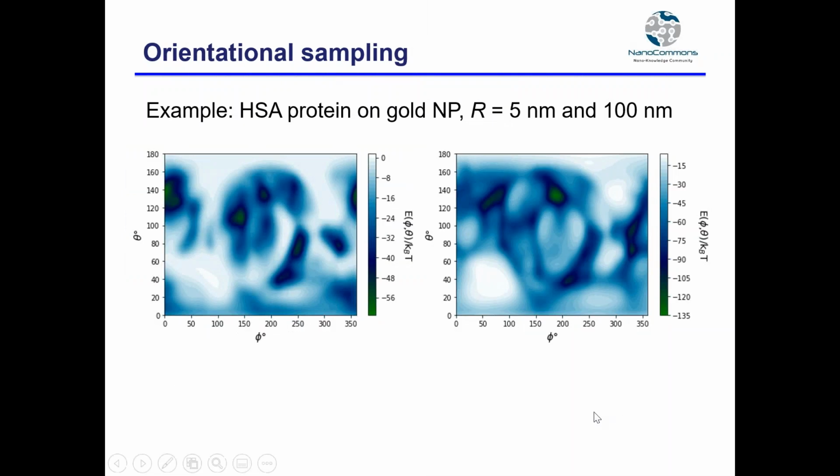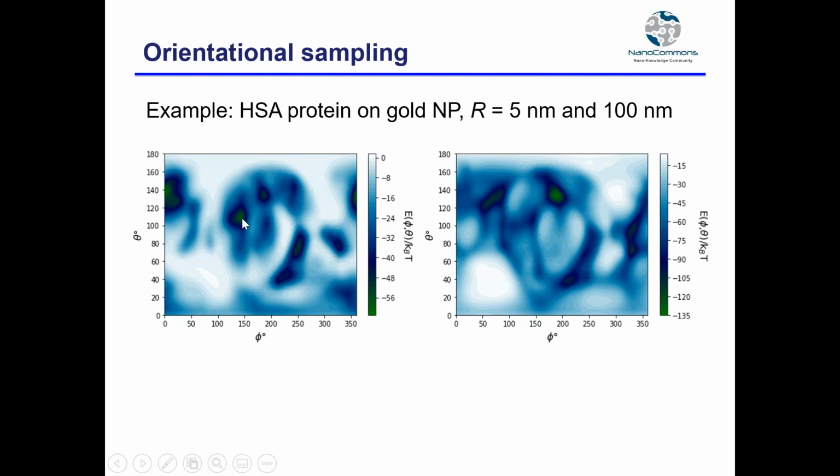Then further on, as I said, we calculate absorption energy for each orientation and for each nanoparticle shape and size. And here you see two examples of energy heat maps. The depth can be pretty low, to minus 60 kBT in this case.